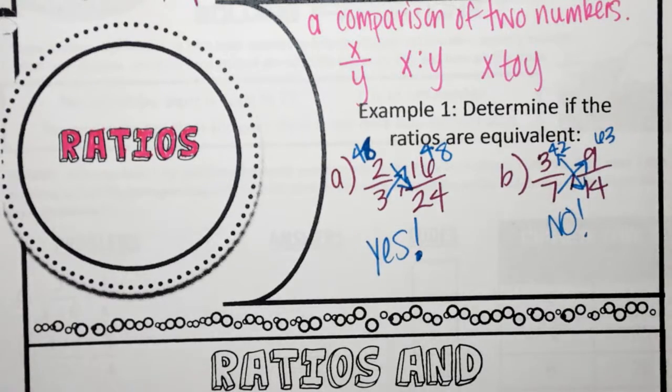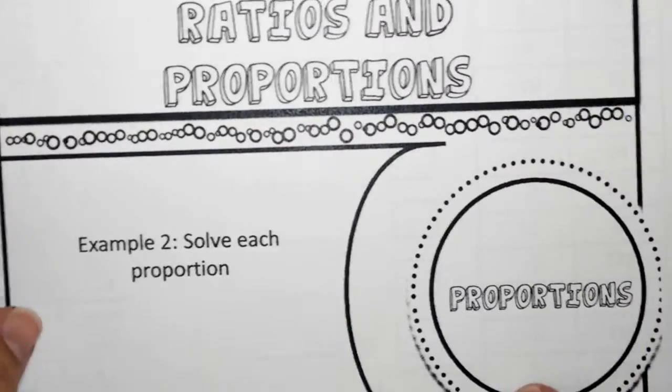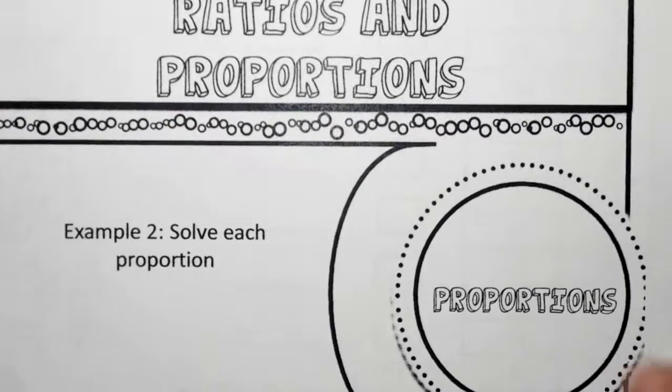So a proportion is when you take 2 ratios and set them equal to each other. A proportion is 2 ratios set equal to each other.